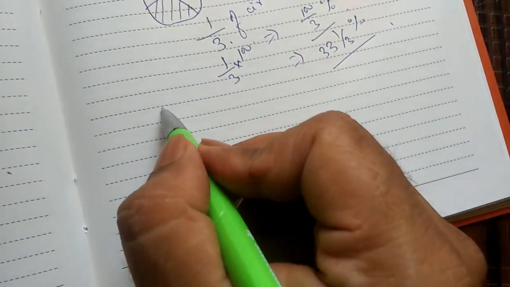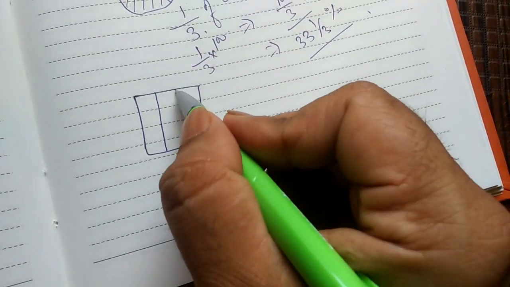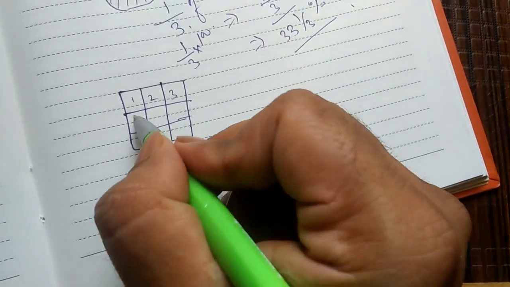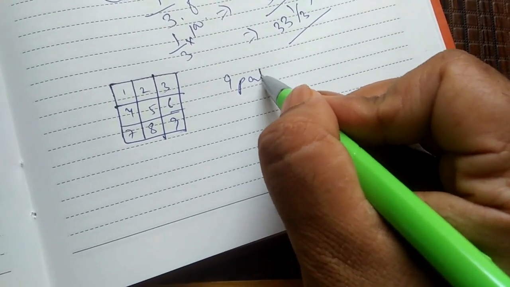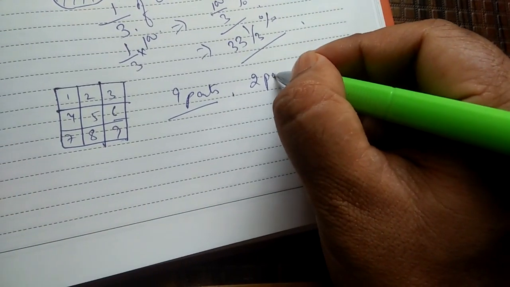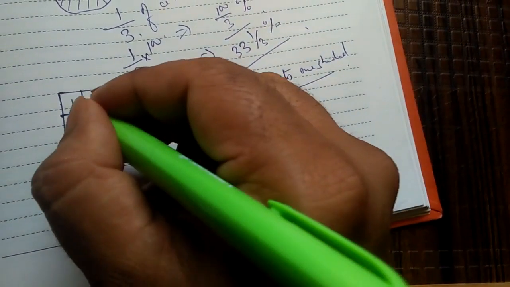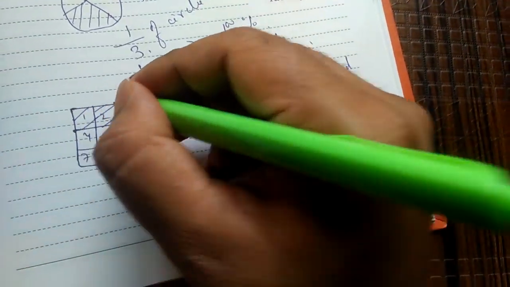Similarly, you may be given a square at times. So 1, 2, 3, 4, 5, 6, 7, 8, 9 parts. So let's say 2 parts are shaded.